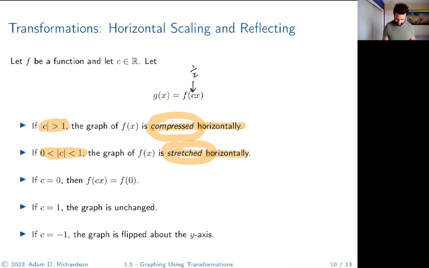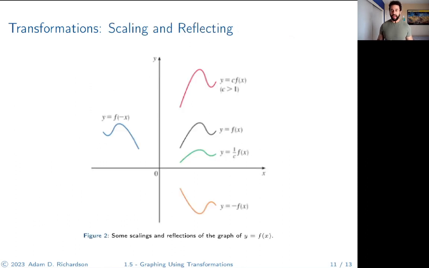Some other cases: if c is 0, then f of 0 is f of 0. If c is 1, the graph is unchanged. If c is -1, you're flipping around the y-axis, just like I had pointed out before. Okay, here's just a general overview of all those squishes and stretches.